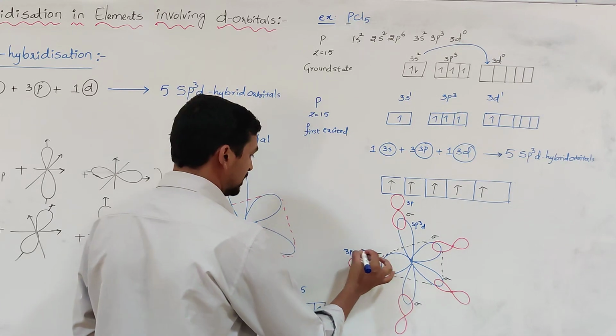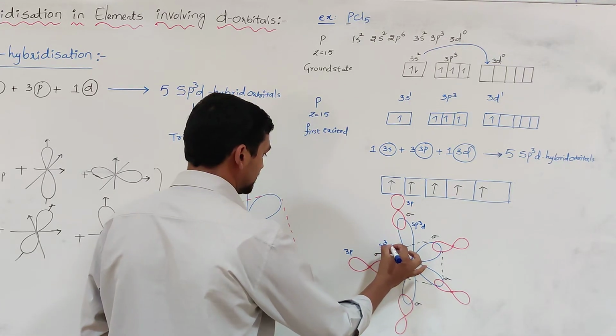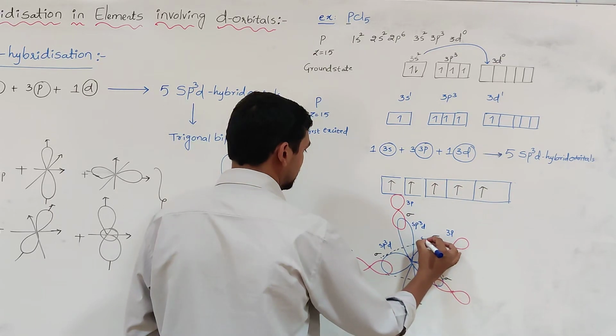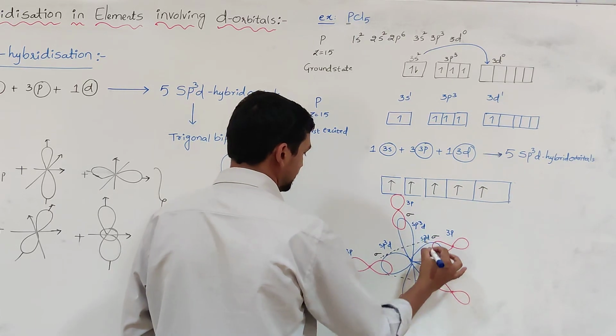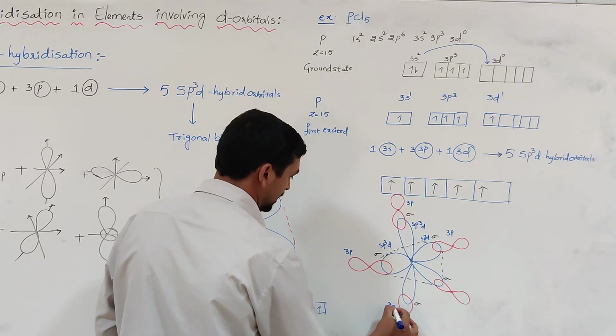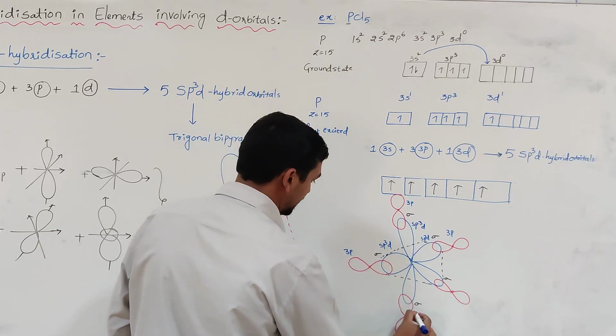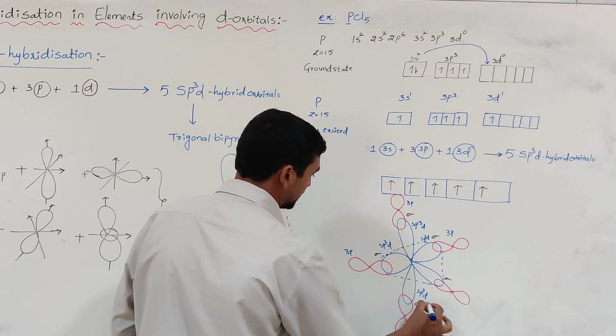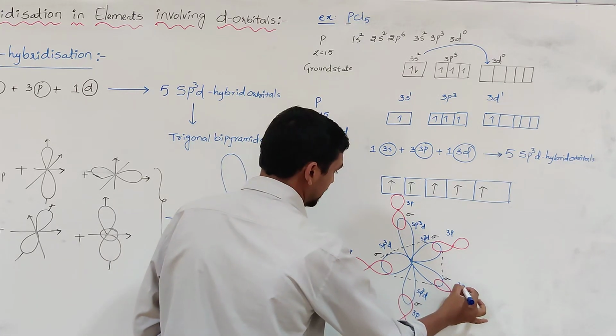Here the 3p orbital and this is sp3d. So this is also the 3p orbital of chlorine and sp3d hybrid orbital of phosphorus.